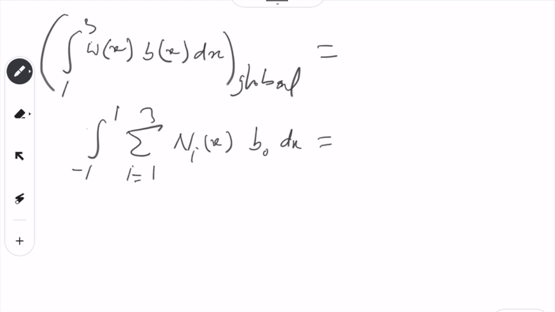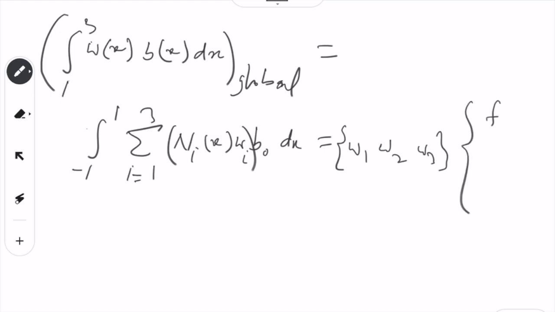We also have to multiply by W, so here it will be Wi, which will be equal to W1, W2, W3, and then we have the values of what we call FB1, FB2, FB3.